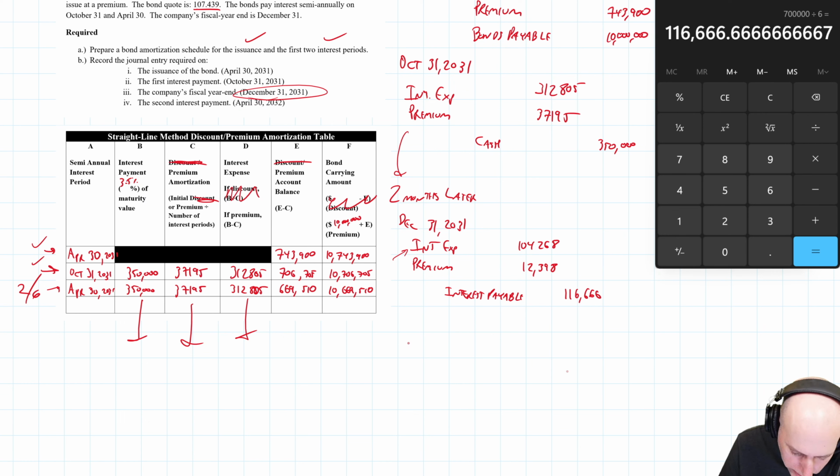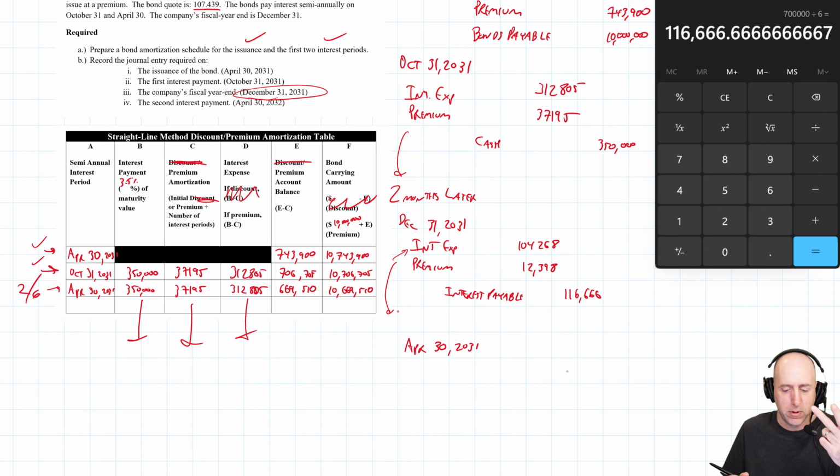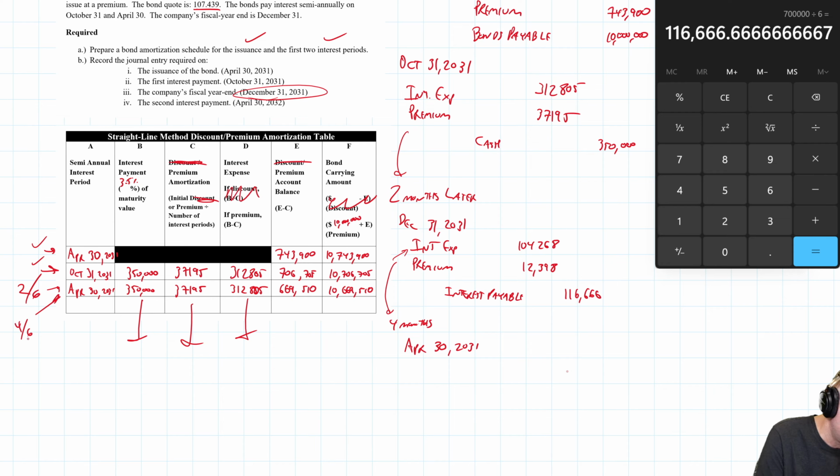Okay, let's do interest and everything up to April 30th, 2032, which is 4 months, January, February, March, April. So that's 4 months. So we're on the same line, but we're just going to take 4/6. So let's go ahead and do it.